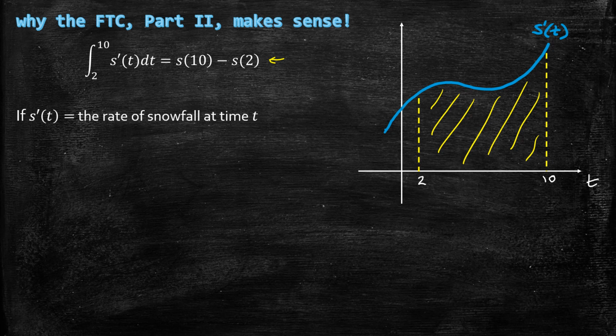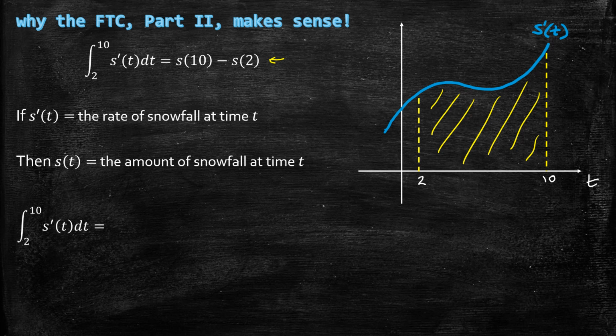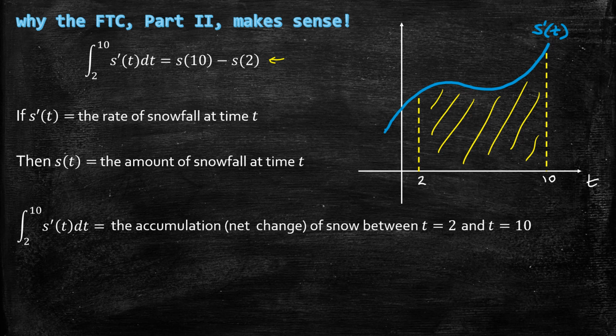Let's suppose that s prime of t is the rate of snowfall at time t, maybe in inches per hour, how fast the snow is falling. Well, if that's the case, then s of t, the antiderivative of that rate, should be the amount of snowfall at time t. So what would the area under that rate curve between 2 and 10 give? As we've seen in the past, that should give the accumulation, or the net change, of snow between t equals 2 and 10.